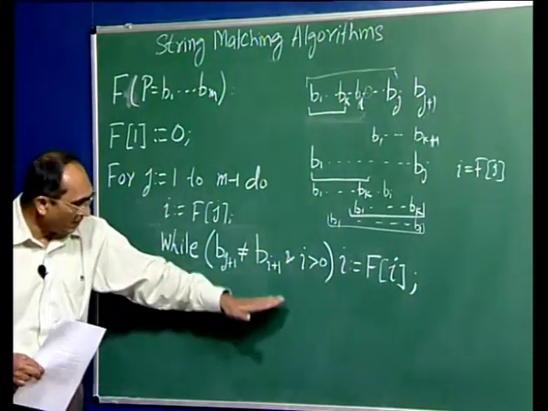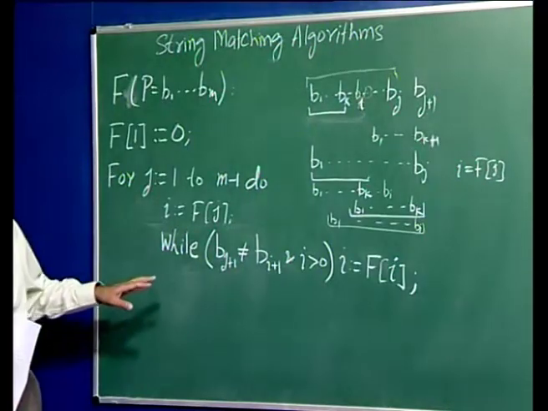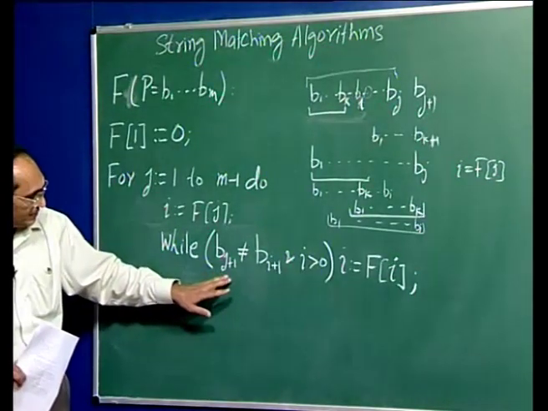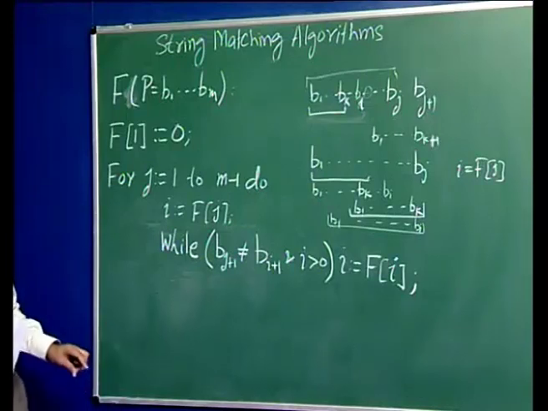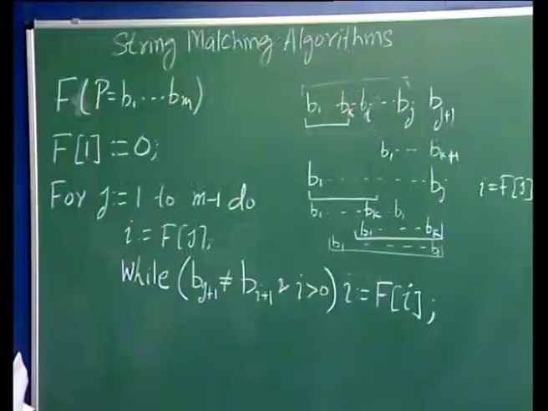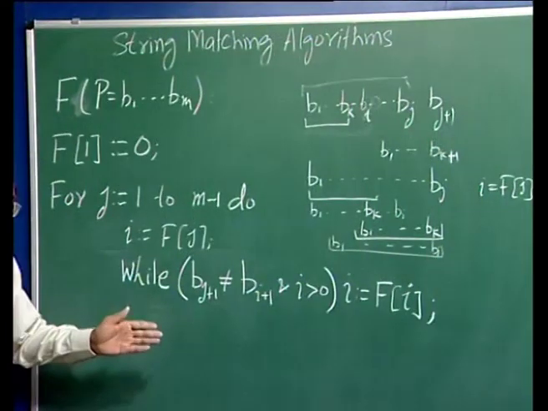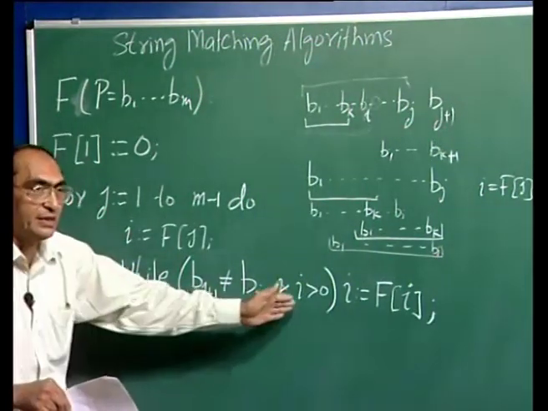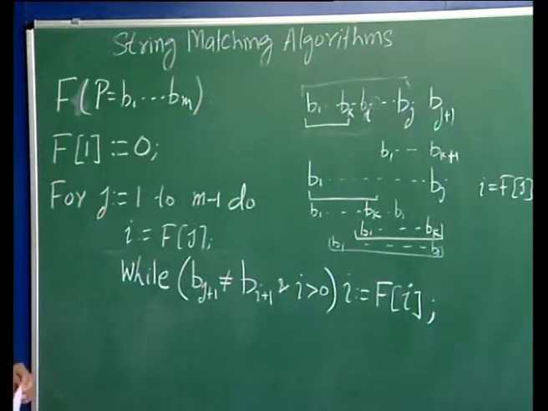If we come out of it, there are two possibilities. Either this condition satisfies, or we have shrunk the search space to empty and there is no more to look for something.